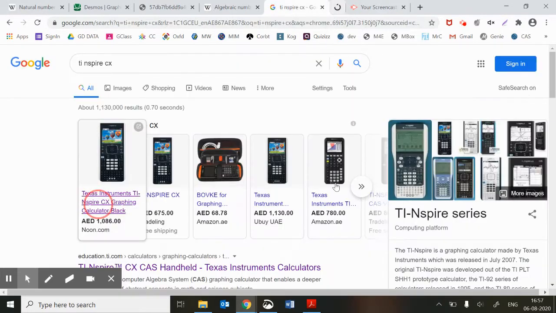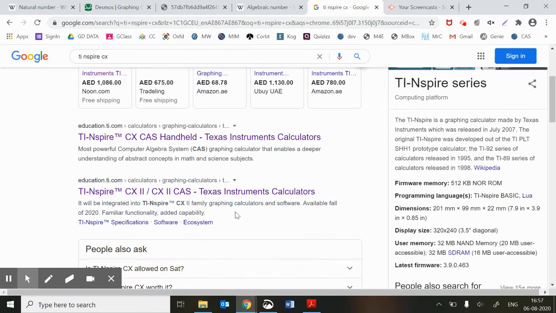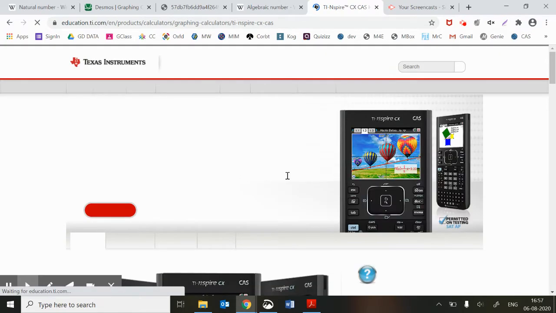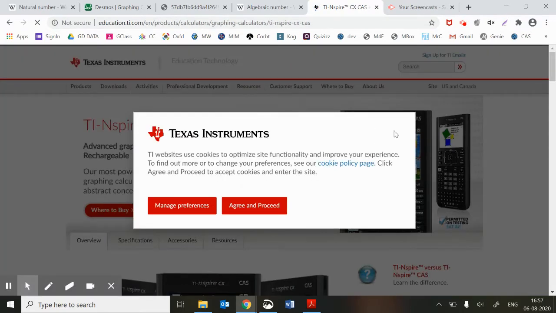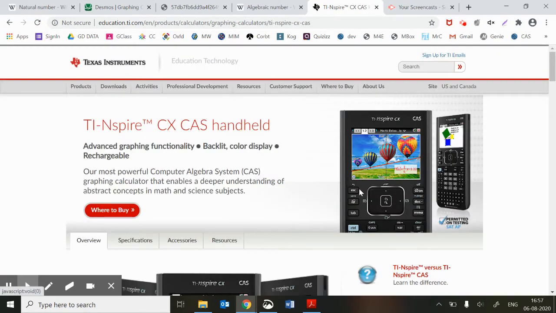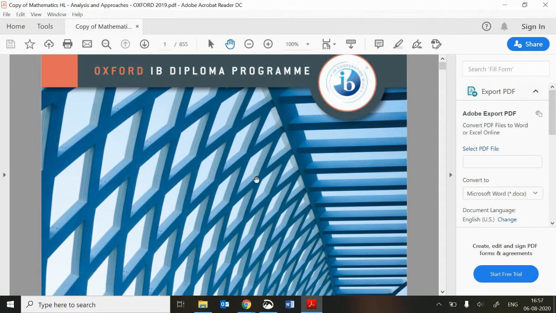Okay, maybe the CAS one is there just to show you which one you shouldn't have. Let's just load that one up. Yeah, the one with the CAS, because sometimes students get these ones and they're really expensive. They have the CAS and they're kind of all black with a bit of gray on it. Okay, anyway, so that's what you're going to need.